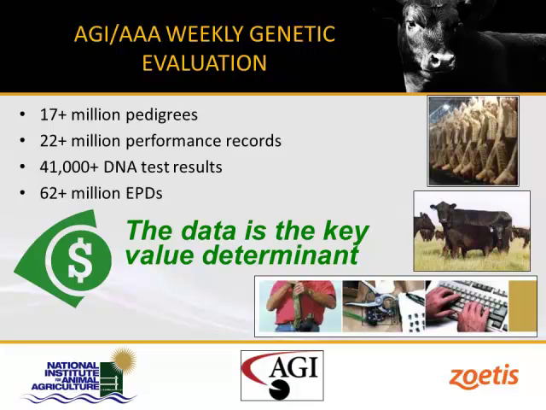Just to give you a little more glimpse of how this works, every week the American Angus Association and their subsidiary, Angus Genetics Inc., conducts a genetic evaluation that now is blending 17 million pedigree records with even more performance records, and now it's closer to 45,000 DNA test results to produce genomic enhanced EPDs, about 62 million of those every week.